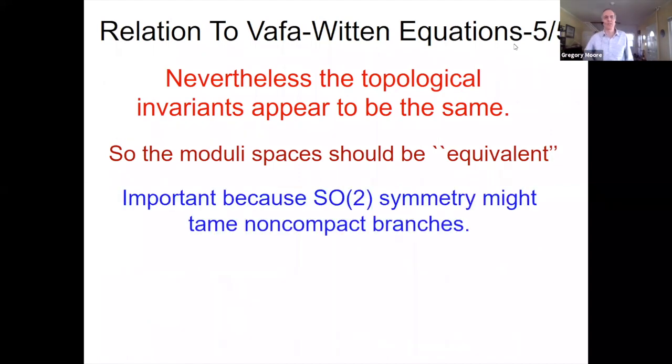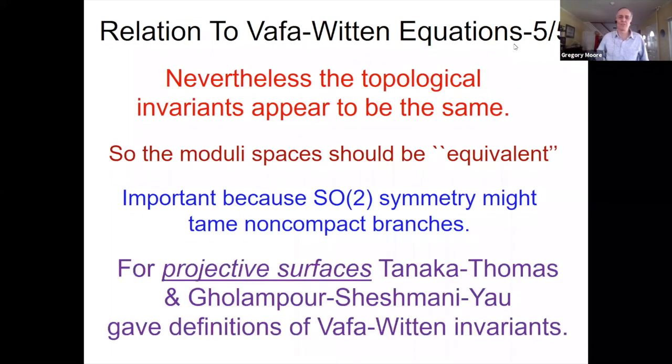And that's actually quite an important remark, if true, because ever since the Vafa-Witten equations were introduced, we've been bedeviled by the non-compact branches where B and C are turned on. But if we have this equivalence to the adjoint Seiberg-Witten equations, then they have an SO(2) symmetry, and working equivariantly with respect to that SO(2) symmetry we might be able to tame the non-compact branches. So that's a subject for the future.